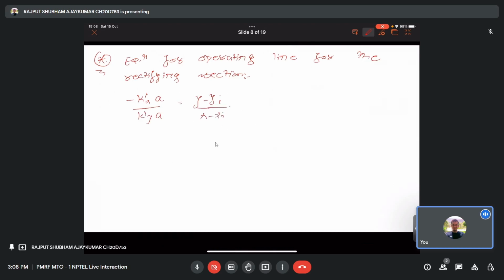This is somewhat the equation we got after deriving from the basic fundamentals, like overall mass balance and component balance of the gas and the liquid in the packed distillation column. This is already mentioned in the lecture notes. I don't want to go into deep detail, but you can identify all these things.